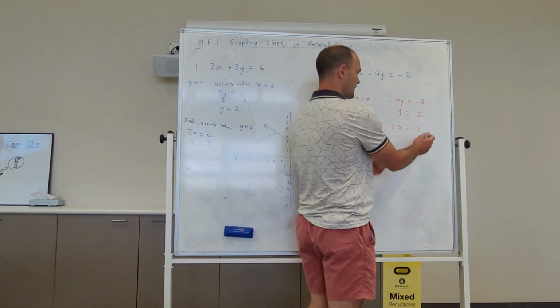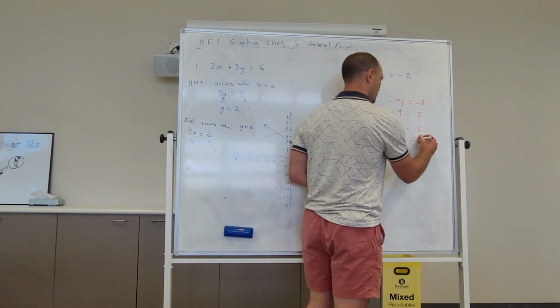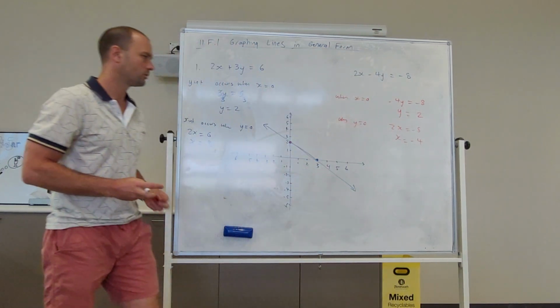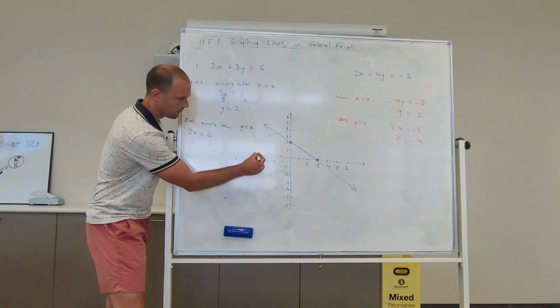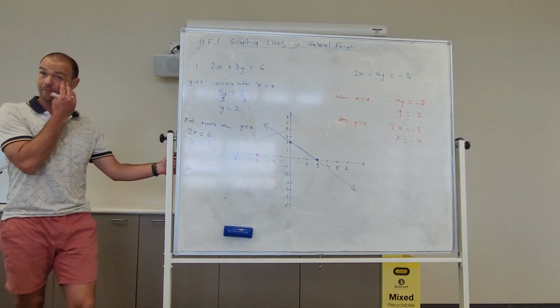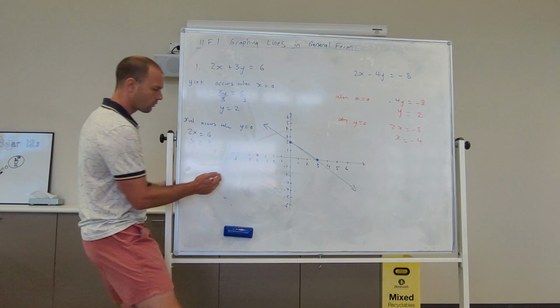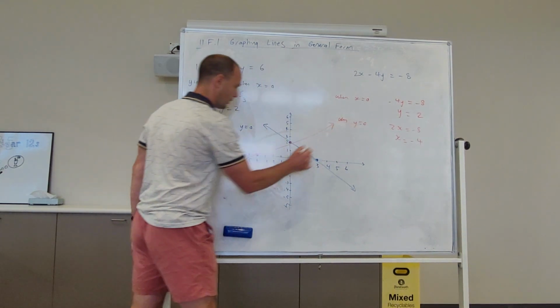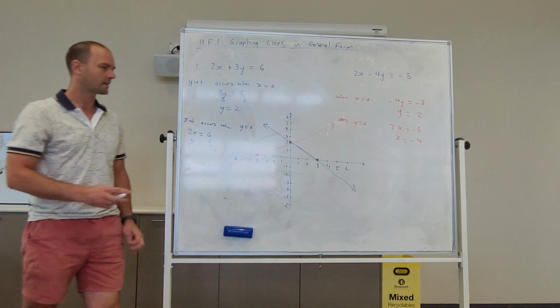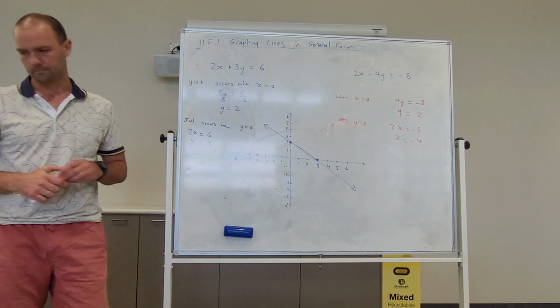We'll divide both sides by a positive 2. Minus 8 divided by 2 gives us x is minus 4. So the x-intercept is minus 4, the y-intercept is 2. We've got both points, and we draw a line straight through both of them, arrows indicating that it's travelling on.